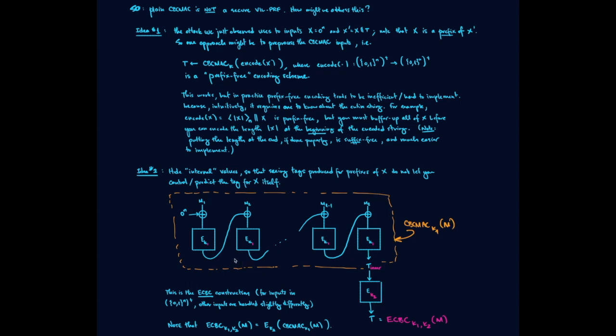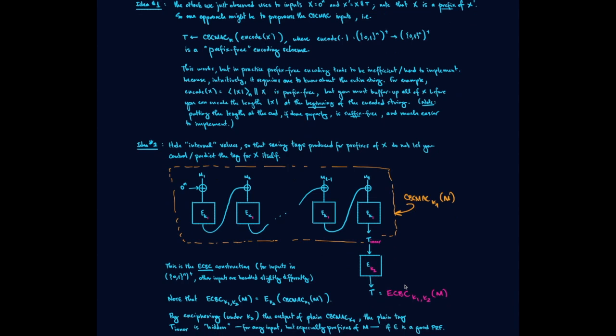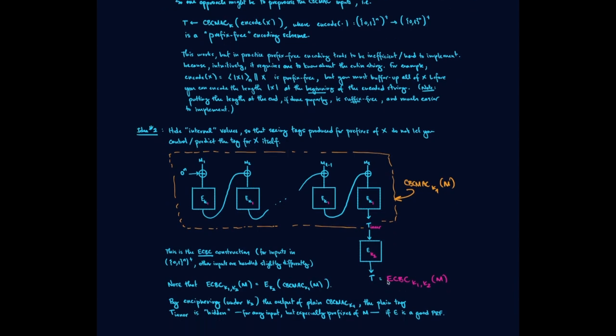So basically, you run CBC-MAC, you take its output, you make one more call. You can see that this is going to hide things. If I were to try to mount that same attack and put in a block of zeros here, I won't see this value. Instead, what I'll see is this value run through this output enciphering step.